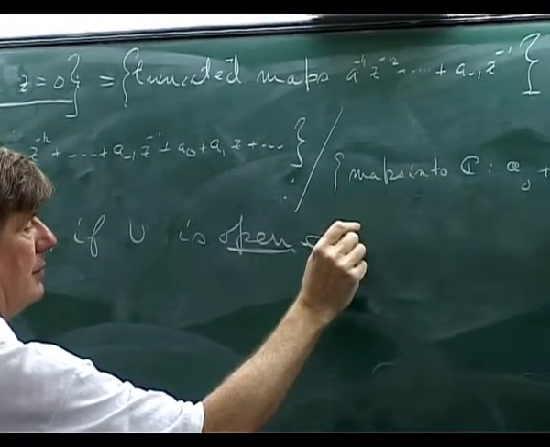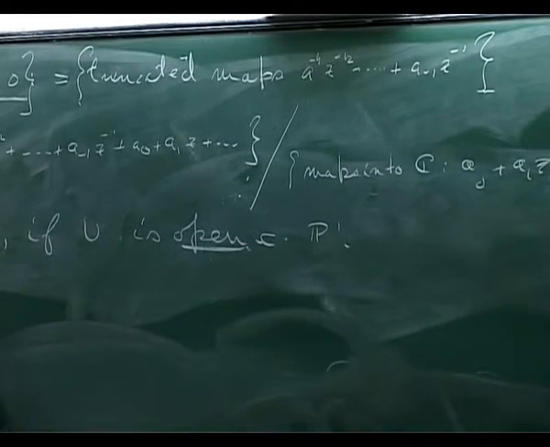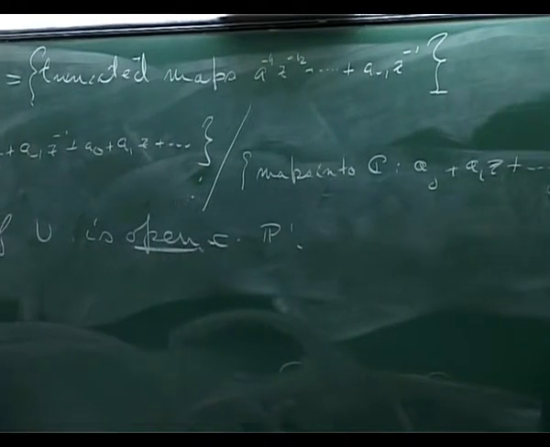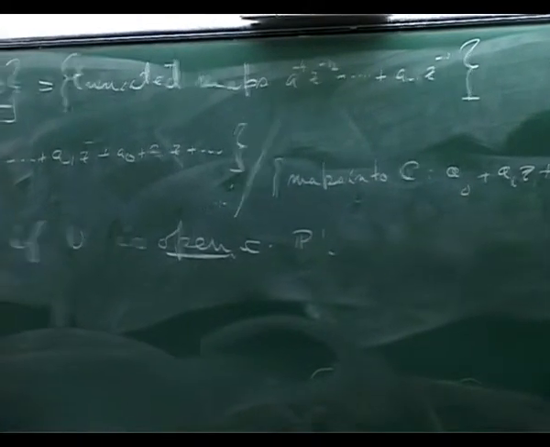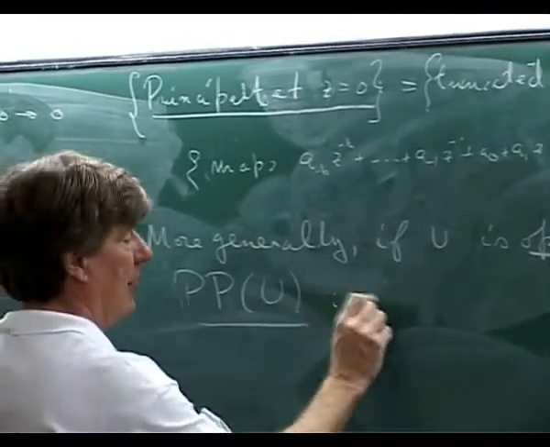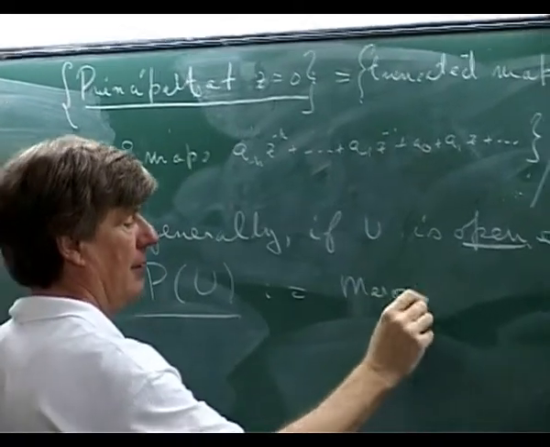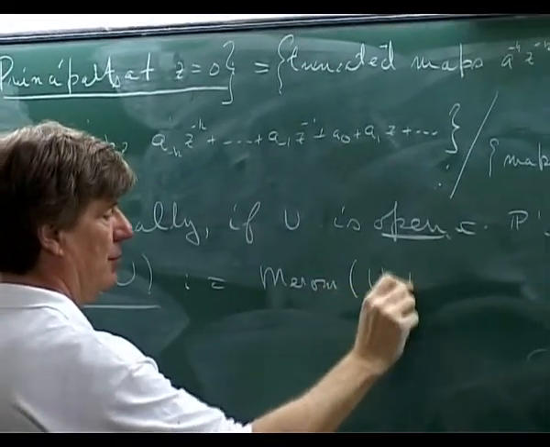Well, say P1. The principal parts on U are going to be the meromorphic maps from U to P1.